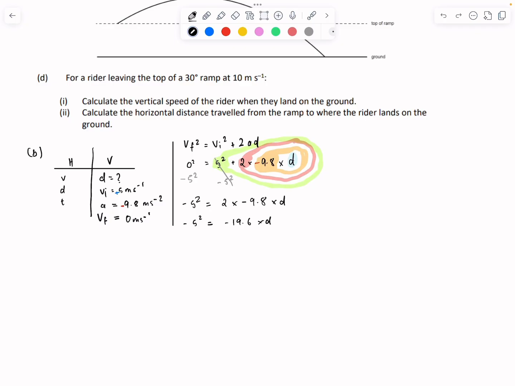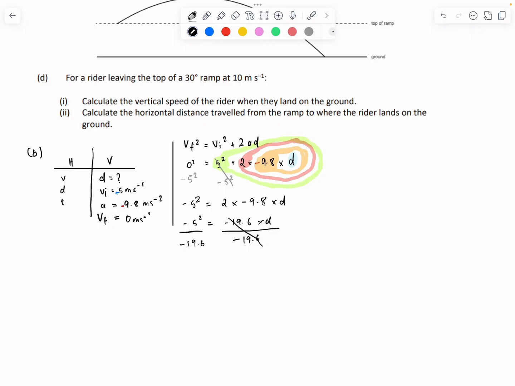So what I'm going to do is I need to get rid of this negative 19.6 because it's being multiplied. The way to get rid of it is to divide it by itself on this side. And that means I have to divide the other side by the same thing.